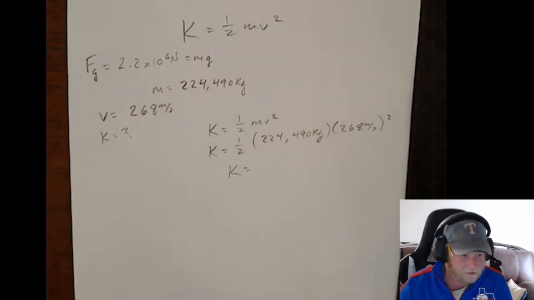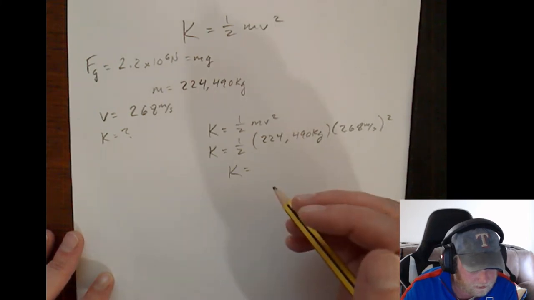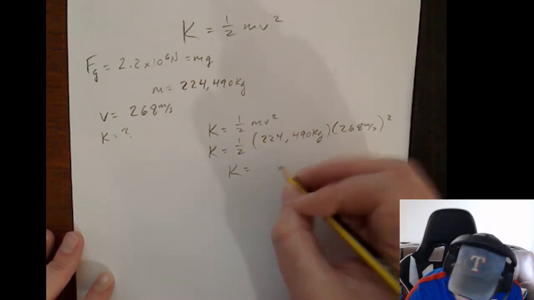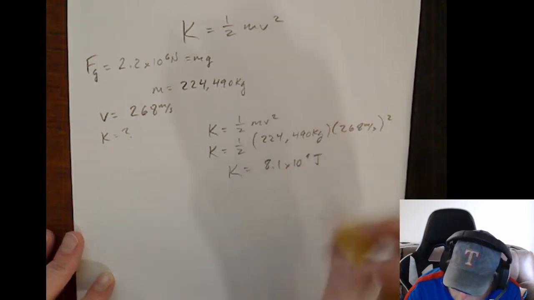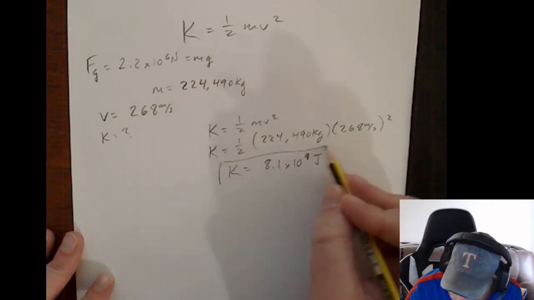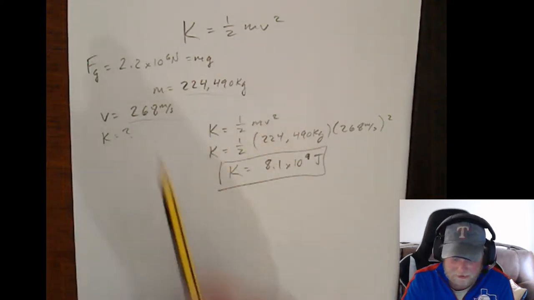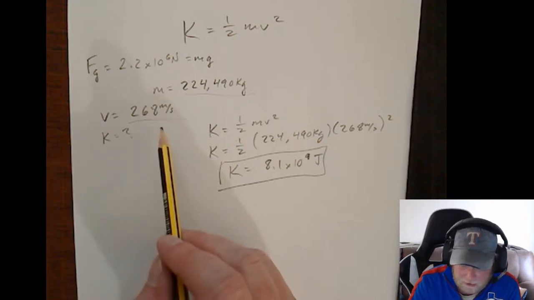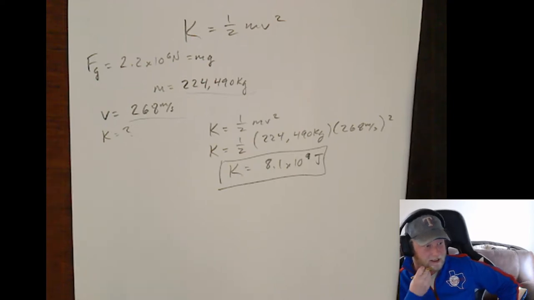And that comes out to roughly 8.1 times 10 to the 9th joules. And that might seem like a huge number, but think about what you're dealing with. You're dealing with something with a huge mass moving at a very fast velocity. That's roughly 600 miles per hour. So you would expect something with that much mass moving that fast to have a ton of kinetic energy present within it.